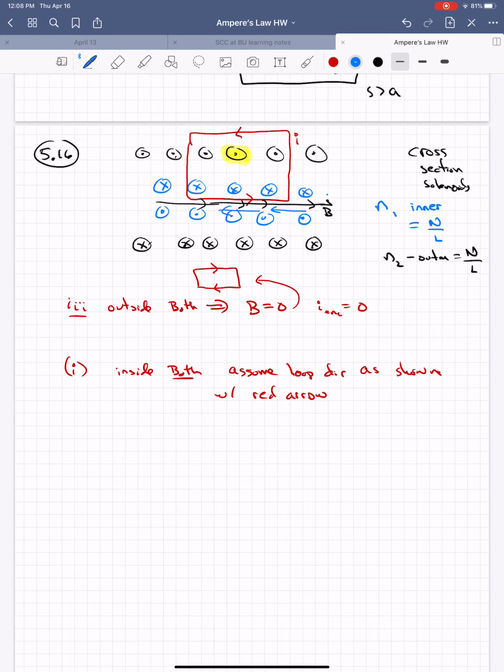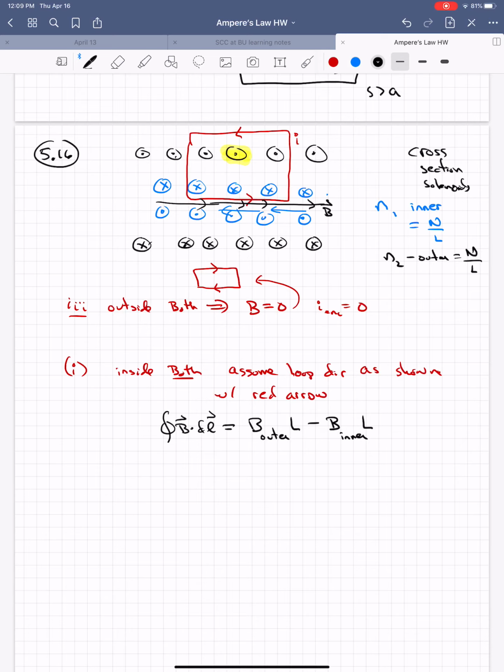So when I do the integral of B dot dl, I'm going to have B from the outer solenoid times the length minus B of the inner solenoid times the length. The reason I'm subtracting those is that the outer solenoid's B field is going with my red loop, and the inner solenoid's B field is going against my red loop.